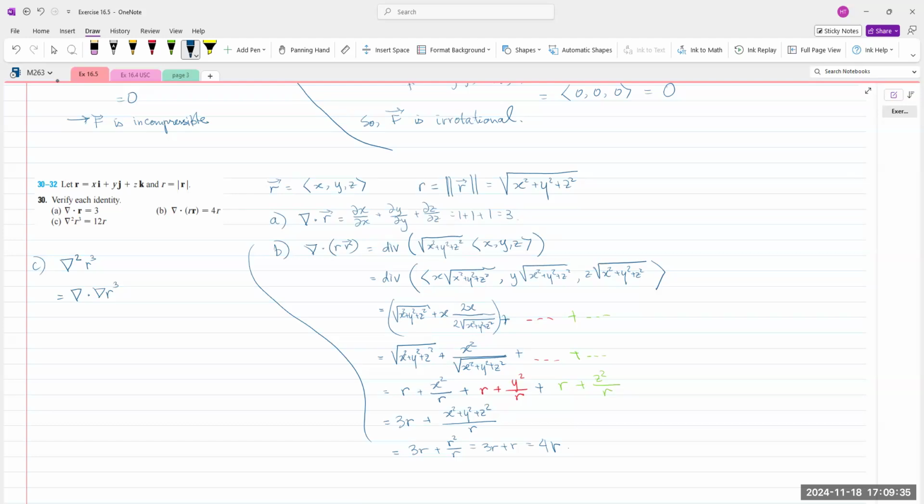That's what it means. Thinking about it, I hope you see that makes sense, because A dot A is the same as the magnitude of A squared, right? It gives you a scalar.